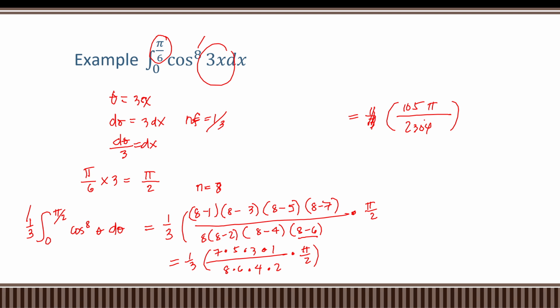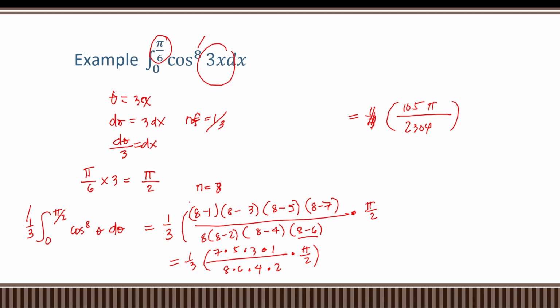Then next we are going to multiply by this one: 8 times 6 times 4 times 2 times 3.